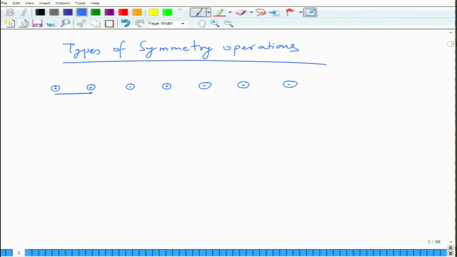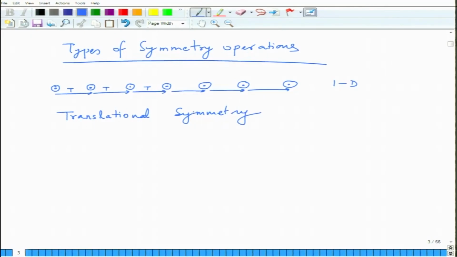You can see that if you move from this point to that point by a vector t in an infinite array of points in 1D, then this lattice translation vector t brings me into the position of self coincidence, because if this point is identical to that point, then this is the translation. So, this is a case of what we call translational symmetry, and this is a defining symmetry in 1D. In 1D you must have translational symmetry.